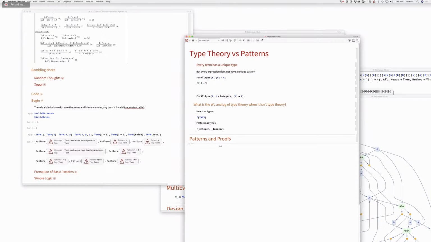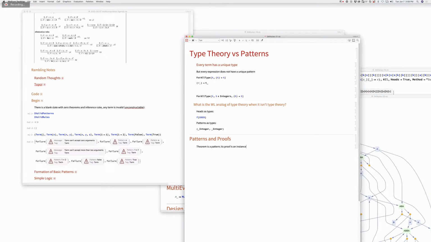Let's give an example of a non-trivial theorem stated as a pattern where its proof is an instance of the pattern. That's what we're talking about here, correct? Right. Yes. I think you'll find some of the examples there. A theorem is a pattern. Its proof is an instance.